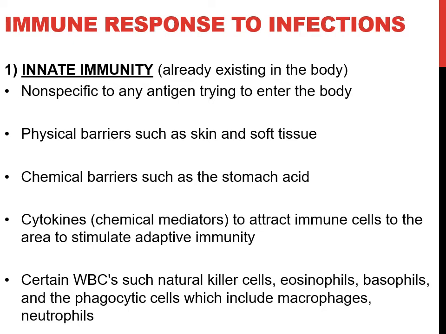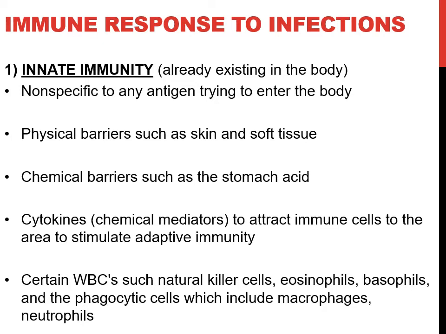So when we use the word foreign antigen, it's anything that is recognized as not belonging to the body. Okay. So the innate system is non-specific, meaning whatever is trying to enter the body and is recognized as foreign will be attacked or dealt with, okay, through this innate system.